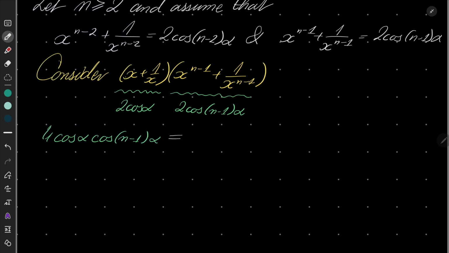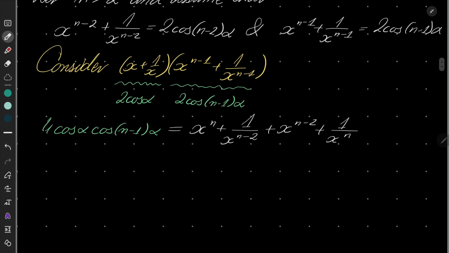So 4 times cosine of alpha, cosine of n minus 1 times alpha is equal to what exactly? Well, let's multiply out the parentheses. We get x to the power of n plus 1 over x to the power n minus 2 plus x to the power n minus 2 plus 1 over x to the power n, just x to the power of n.